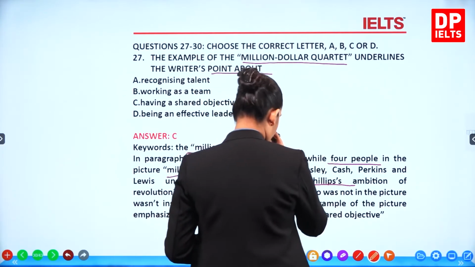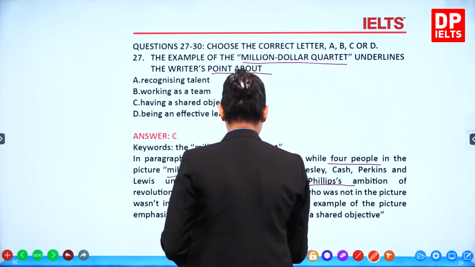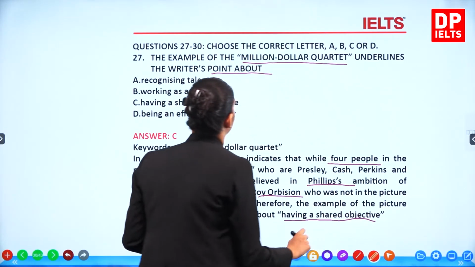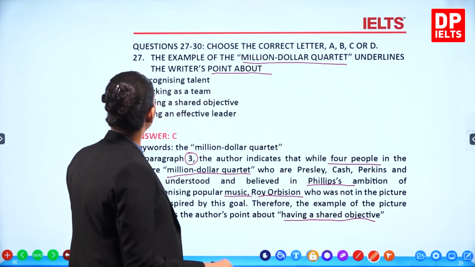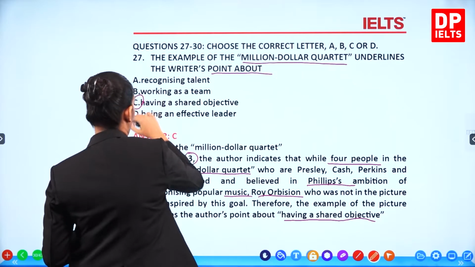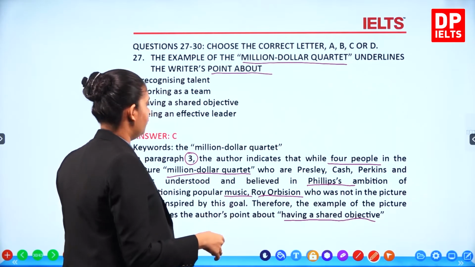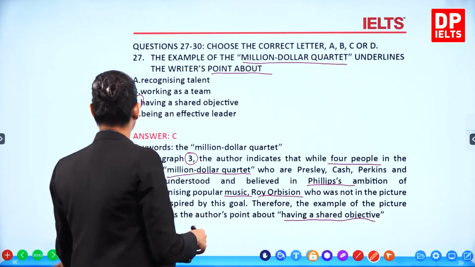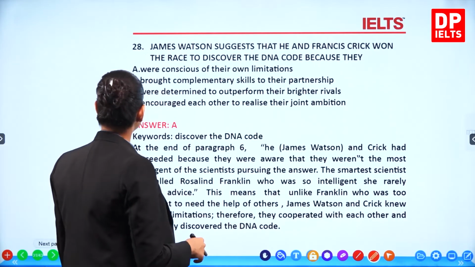Therefore, the example of the picture emphasizes the author's point about having a shared objective. Okay, so what was his point? Having a shared objective. So therefore, I think it is C. Next one.